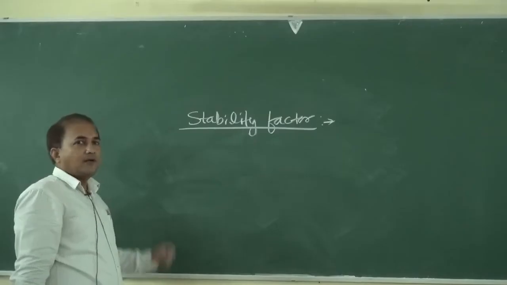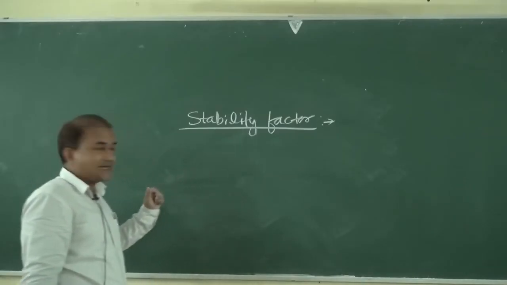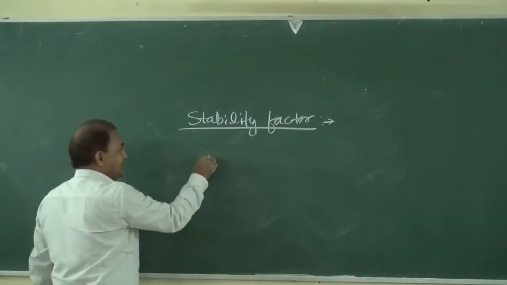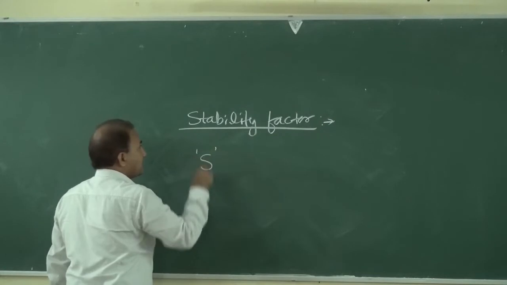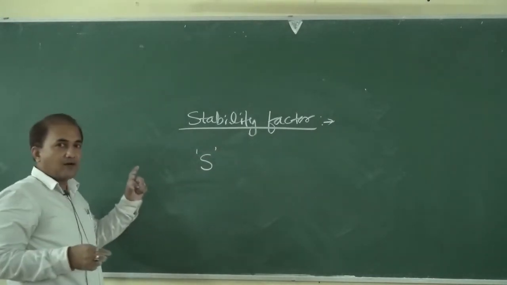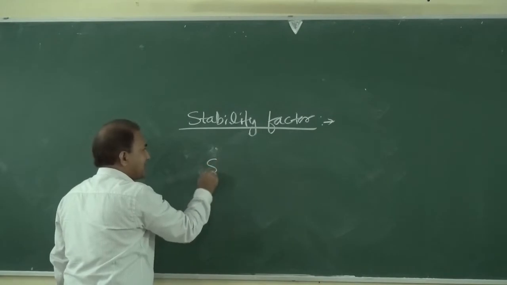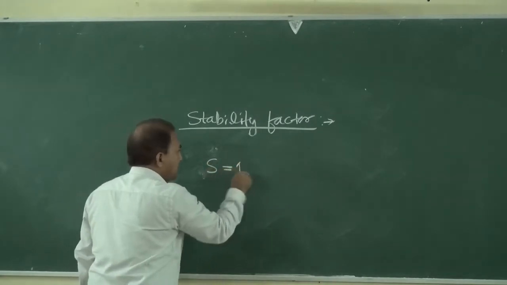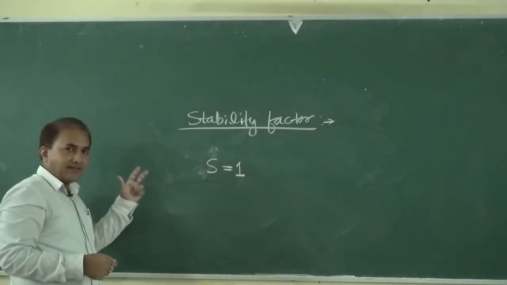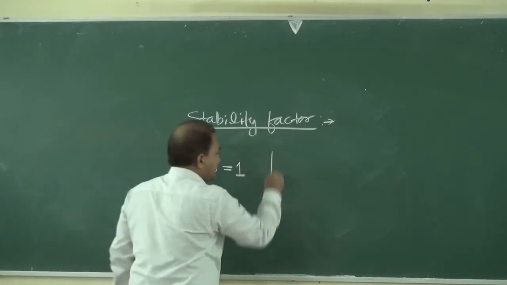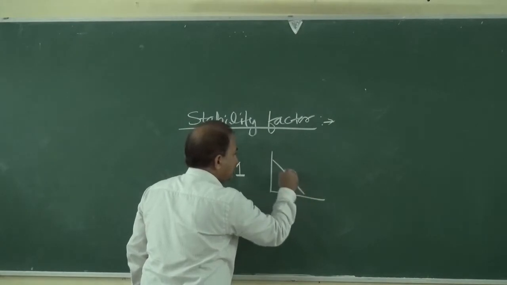We will study the stability factor. So what is the stability factor? It is denoted by S. The stability factor of any amplifier circuit in the ideal case is S equal to 1. The lower the stability factor, the better the stabilization of the Q point.